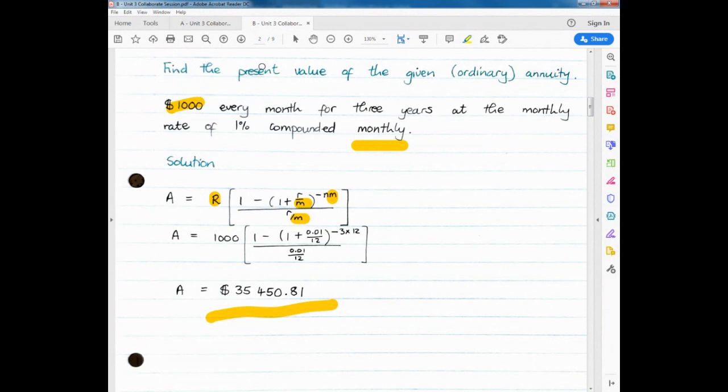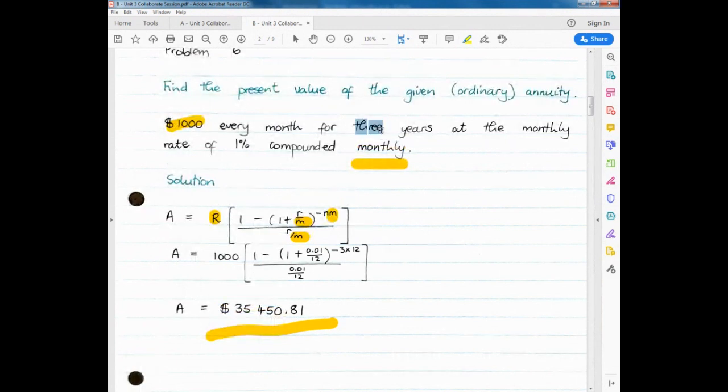So what this is actually saying is that this is the present value, what it is worth now. So imagine taking this $35,450 and 81 cents and you invest it now, and then you don't do these periodic payments every month. You invest it now at the same interest rate. In the future, calculate what this would give you after 3 years.